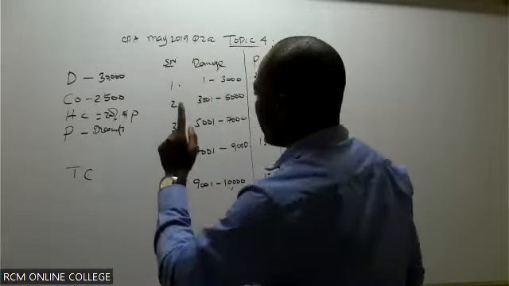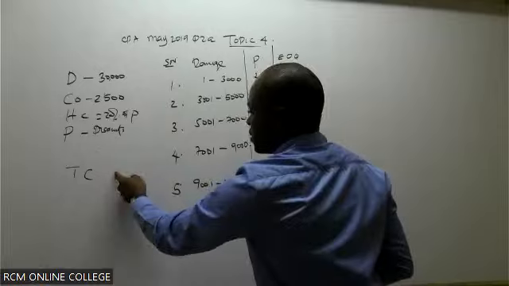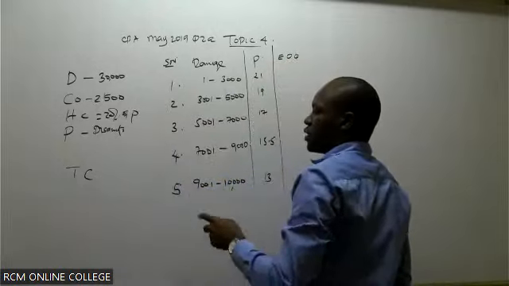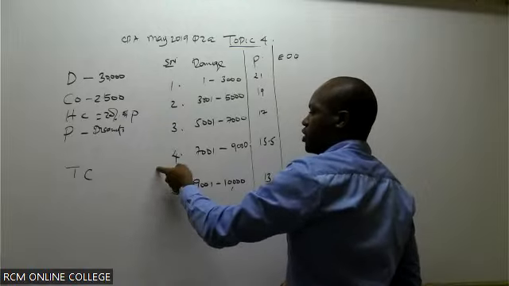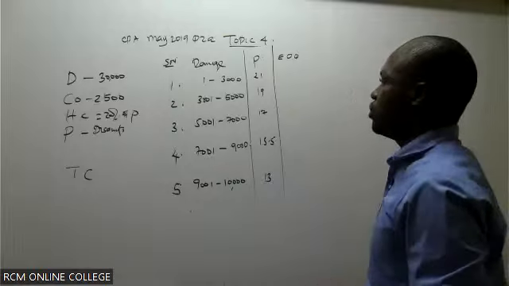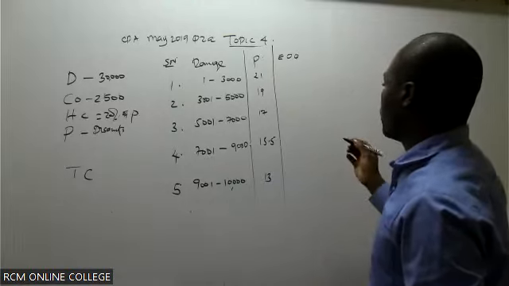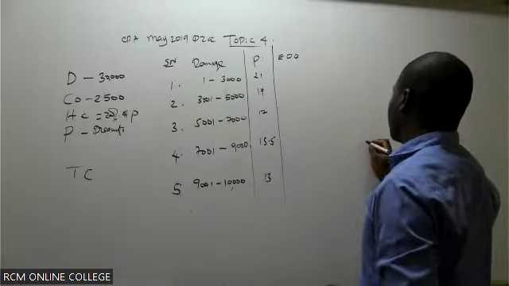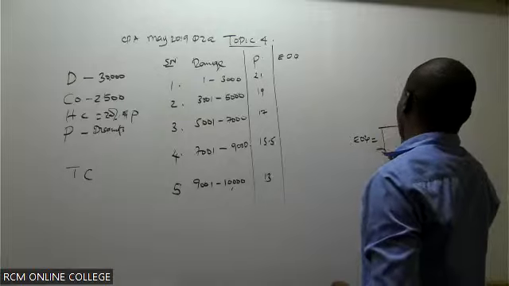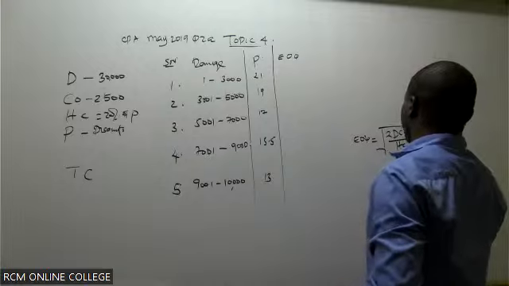And now that we have the purchase price, remember our total cost must include demand times purchase price, plus number of orders multiplied by ordering cost, plus quantity divided by 2 multiplied by holding cost. That's what we are going to do. We've not forgotten the formula. That is, economic order quantity is equivalent to root of 2DCO over XC.